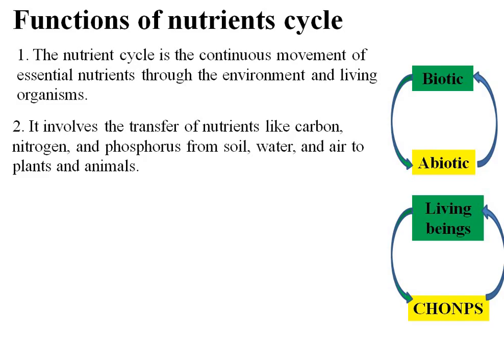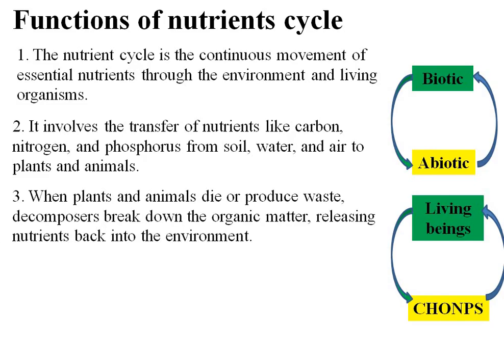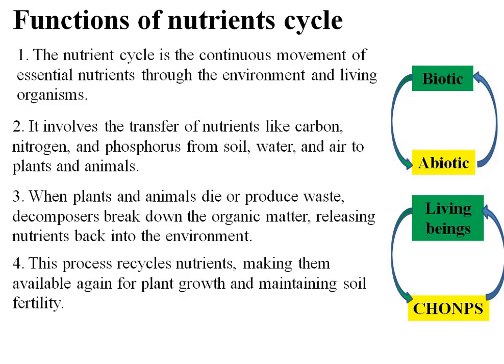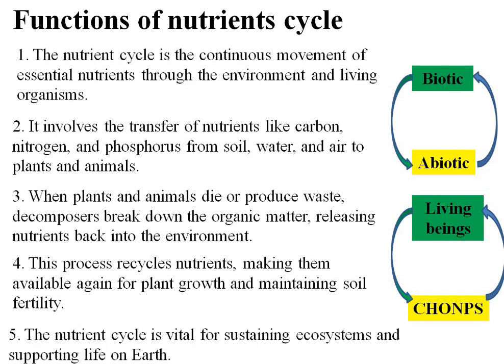When living beings die and decay, the same elements again disintegrate and mix back, completing the cycling process of these elements. When plants and animals die or produce waste, decomposers break down the organic matter, releasing nutrients back into the environment. This process recycles nutrients, making them available again for plant growth and maintaining soil fertility. The nutrient cycle is vital for sustaining ecosystems and supporting life on Earth.